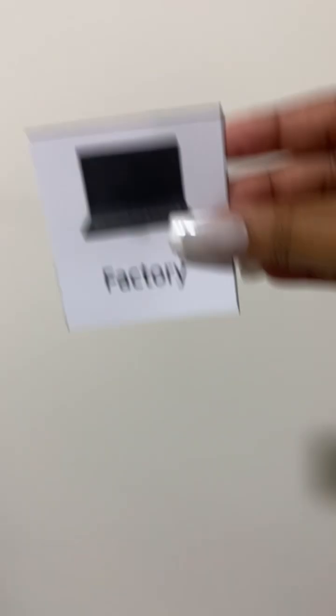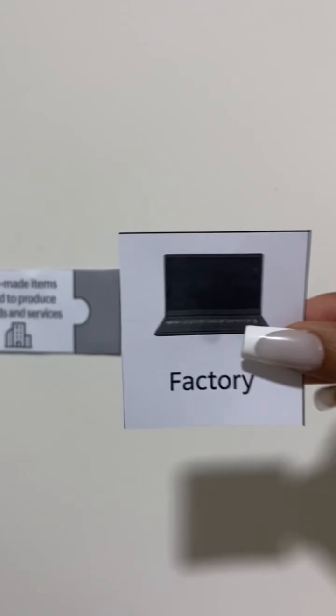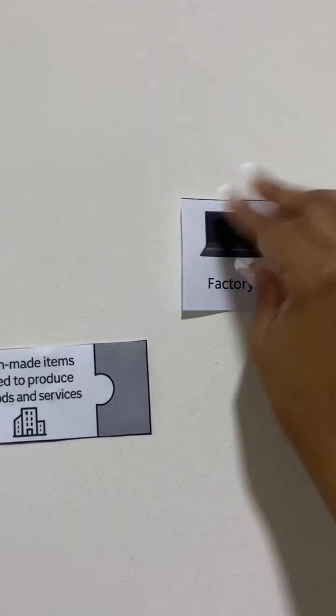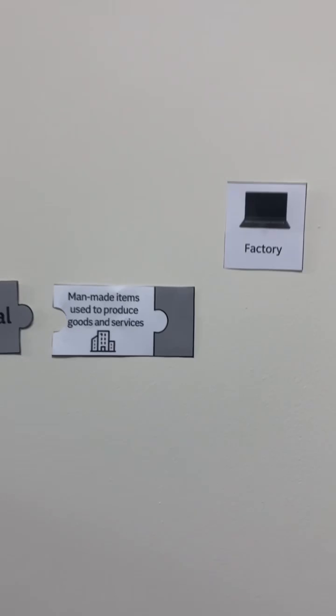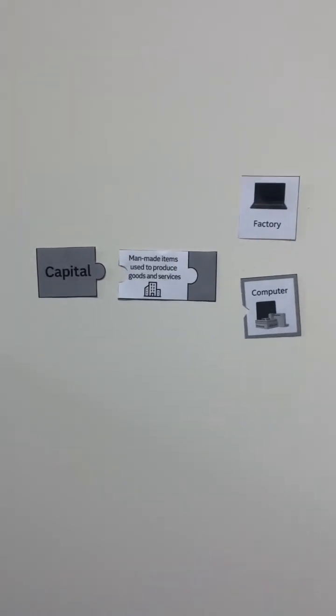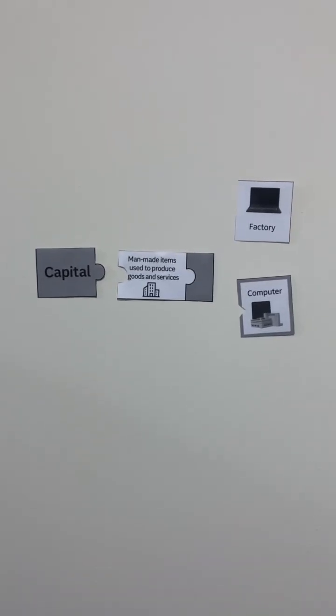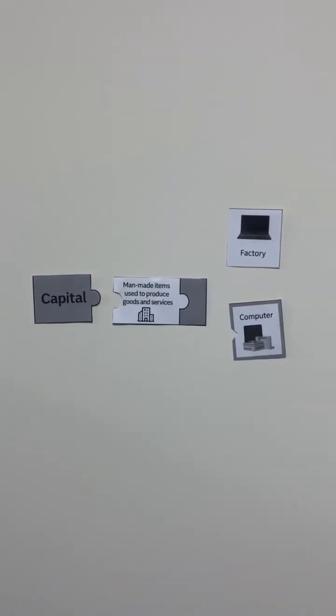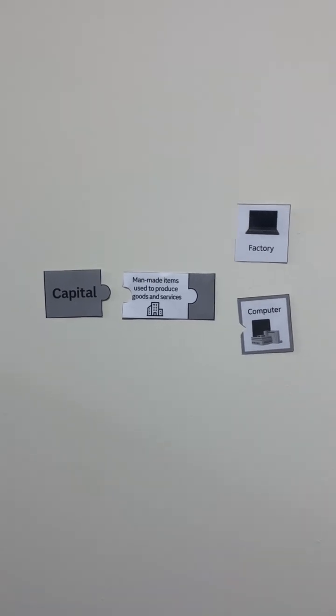So this is the first example of what our capital is. I made a mistake with the labeling of it, but now this is a computer, right? So it is going to be computer and a factory. So this is capital, the factor of production.